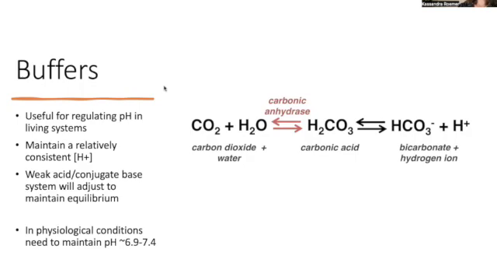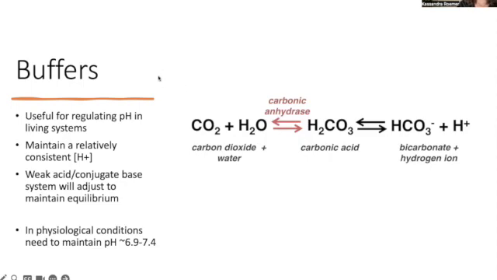This is achieved with a weak acid conjugate base pair system that will usually try to maintain equilibrium. So for example, we have the carbon dioxide and water reaction right here, which is due to normal respiratory function in our bodies. So we produce carbon dioxide, which will react with water to form carbonic acid.